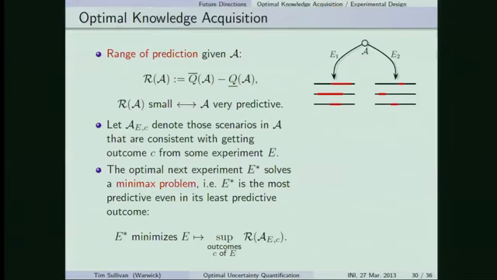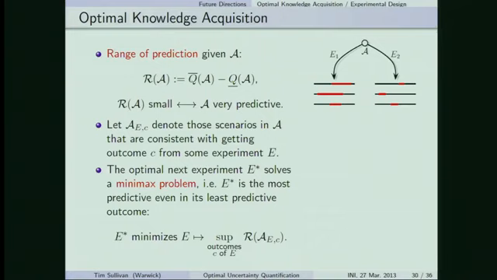A couple of thoughts about future directions. One thing that this kind of viewpoint on uncertainty quantification gives you is the idea of optimally acquiring more knowledge about the system, because you can hypothesize, oh, I could run maybe this experiment or this experiment, E1 or E2, and get out these new predictions if I were to get certain answers from the experiment.